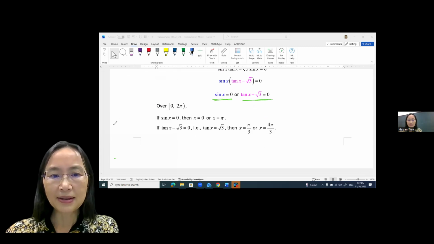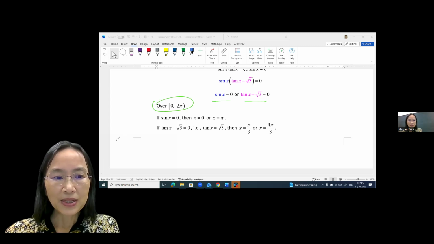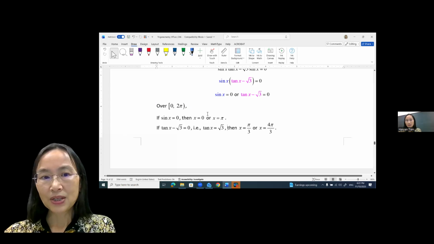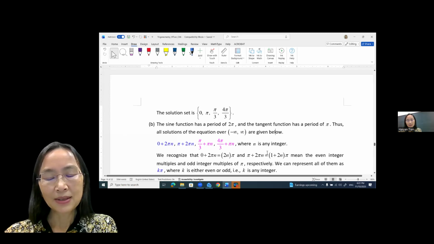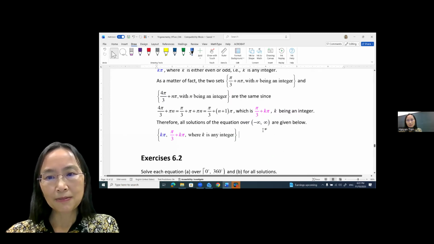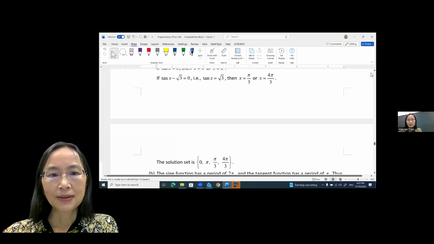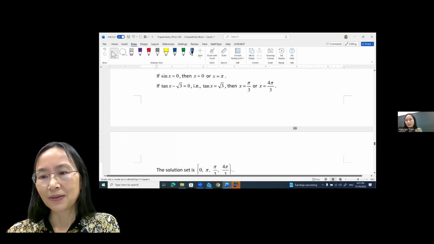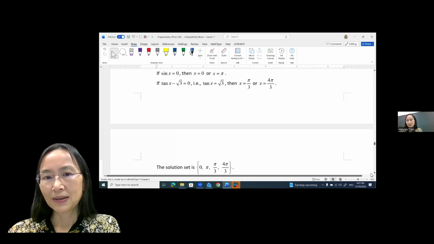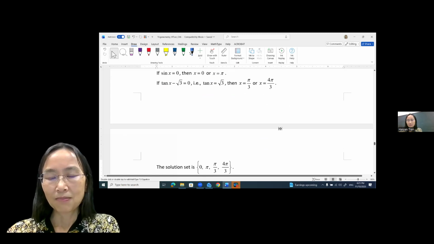Once we get sine x and tangent x, then we can solve each equation, right, over the interval. That's the part A. Once we get the solution over that interval from 0 to 2 pi, then you can easily find all solutions on the entire real number line, all possible solutions.